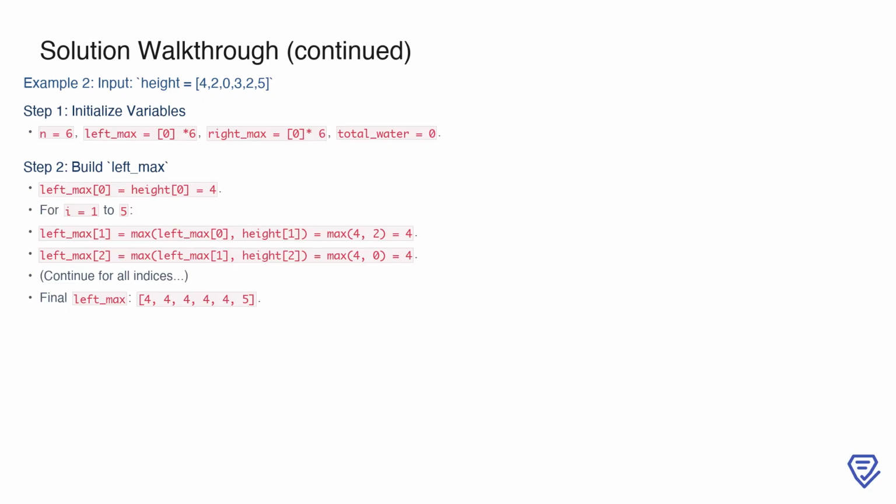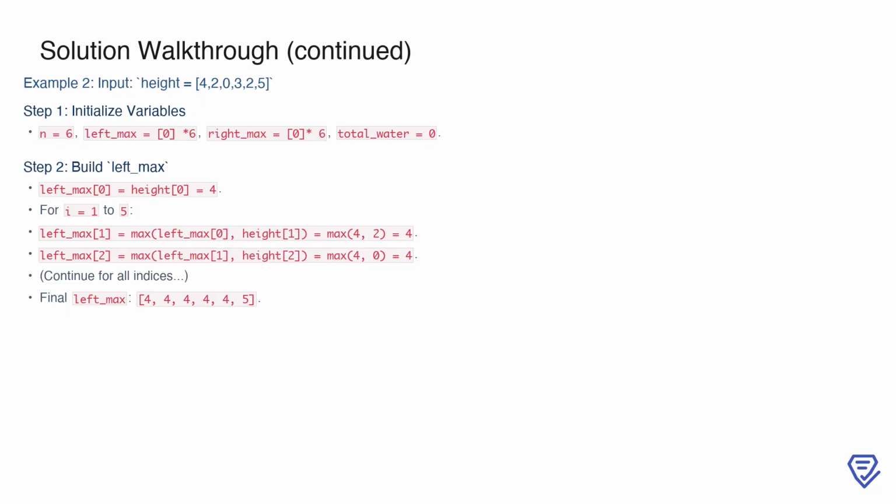The process to build the left_max array is similar to the previous example. We start by setting left_max[0] to the height at the first index, which is 4. Then, for each subsequent index, we calculate the maximum value between the current height and the previous value in left_max.